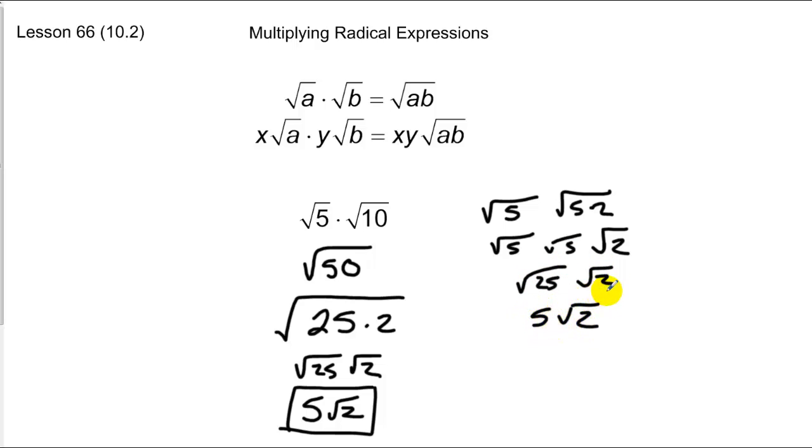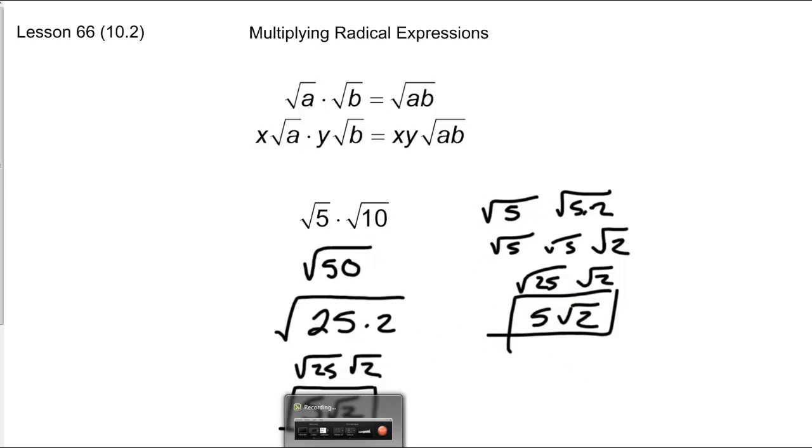So I get the same answer either way. I think in this case, multiplying the two together in the beginning makes more sense. This way may make sense later and actually help us out a little bit, but for now I'd multiply the two terms together.